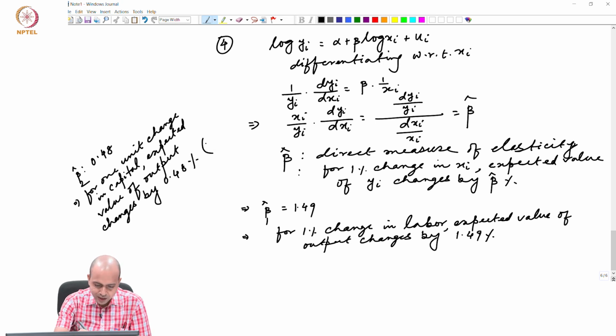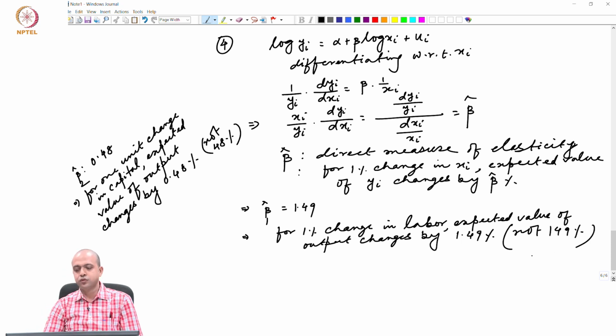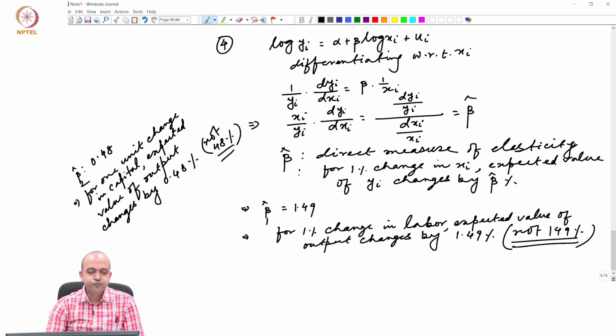So, in the bracket I am writing not 48%, do not commit this mistake. Here I am writing not 149%. You have to be very careful. It is a direct elasticity measure, no need of doing anything with this beta hat coefficient.